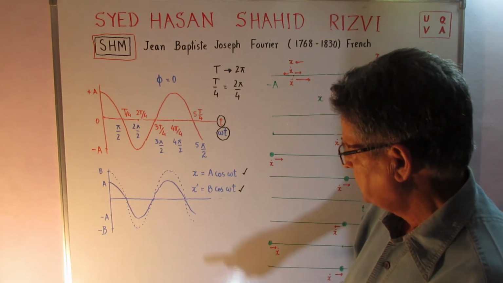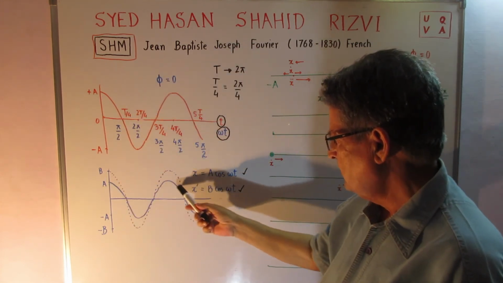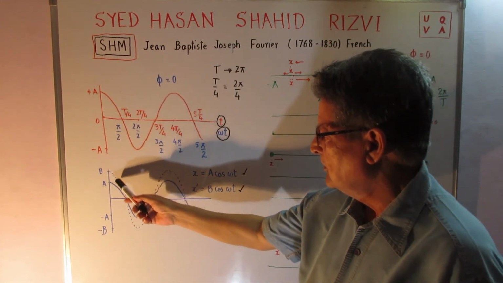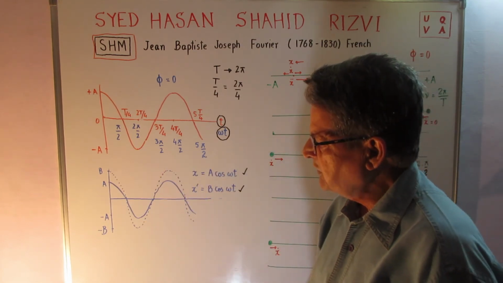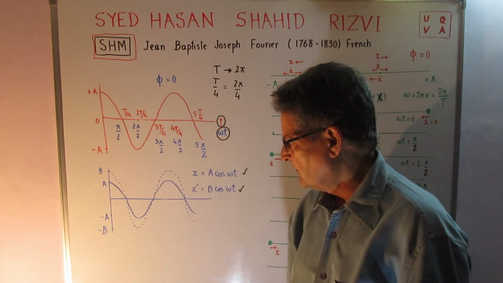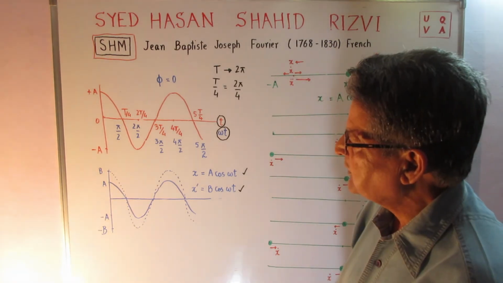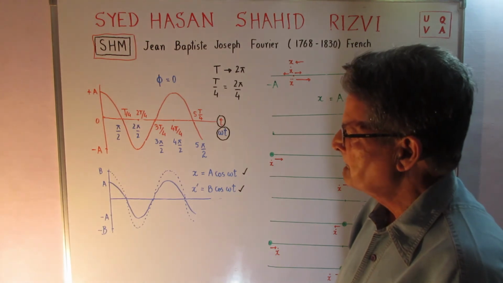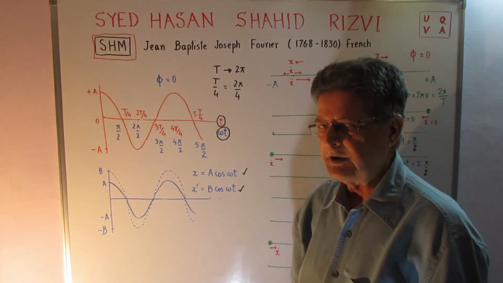I have shown the first function with the continuous curve, and the second function with the dotted curve. And you can see that the associated time period of the two graphs is the same. Now, how do we find the time period?